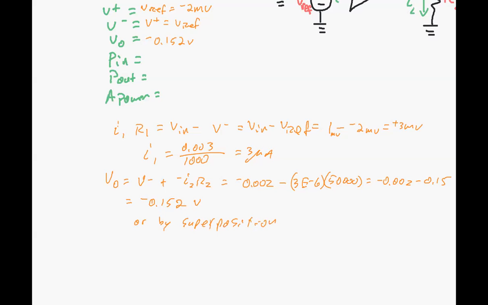So that means for Vref equal to 0, then we just have the inverting configuration.